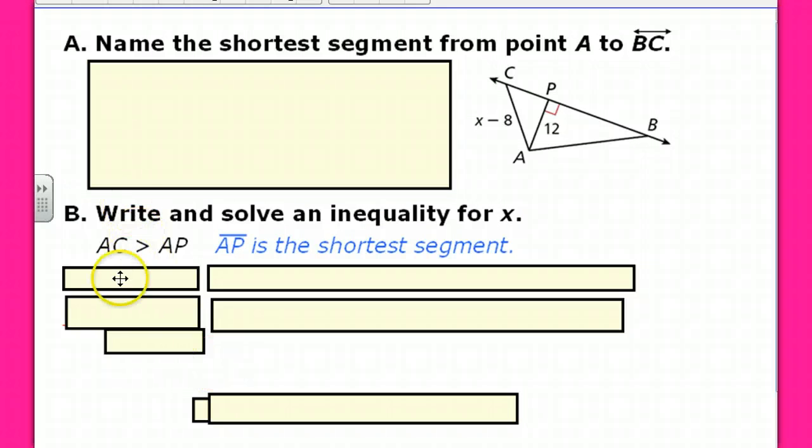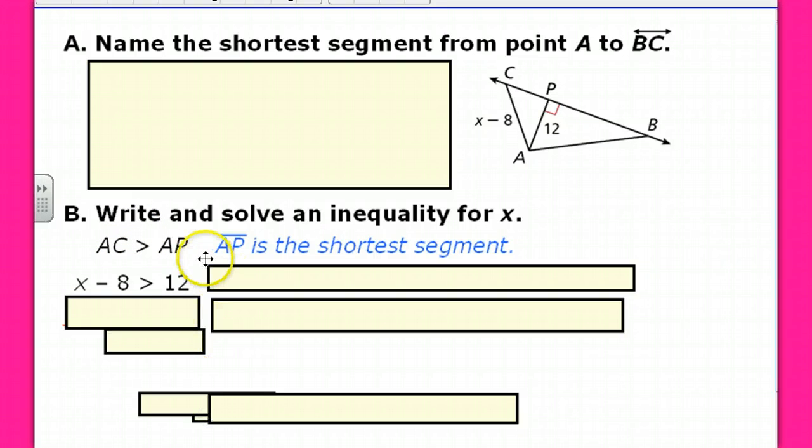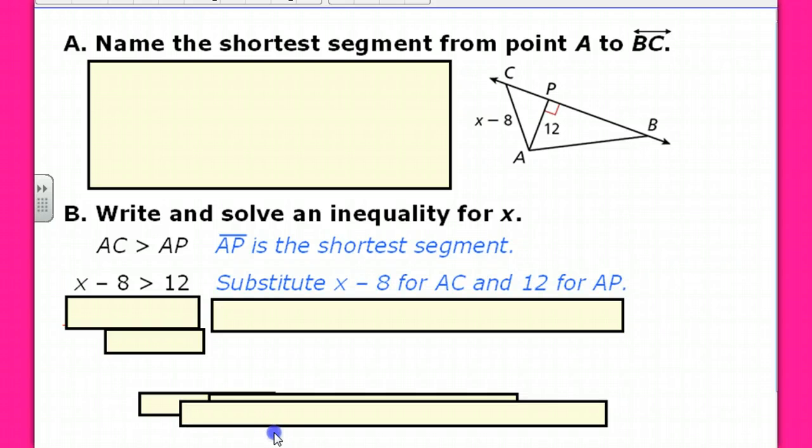And so now we can substitute what we know about AC, which is x minus 8, and AP is 12. That's just substitution of the given information. And now here we are back to what you were just doing. We can isolate x, right? And when we do, we can say that x is what, Matthew?